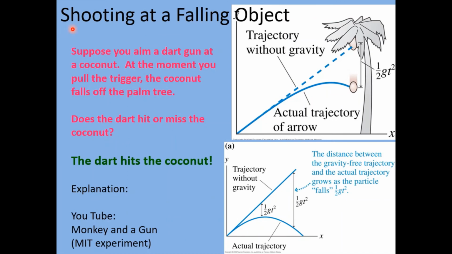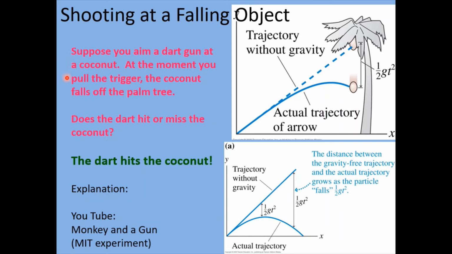Another demonstration that's related to the last two that you just saw is when we aim a gun upward and have the gun fire and the object, the target, falls at the same time that we fire the gun. So in this example here, suppose you aim a dart gun at a coconut up in a tree.